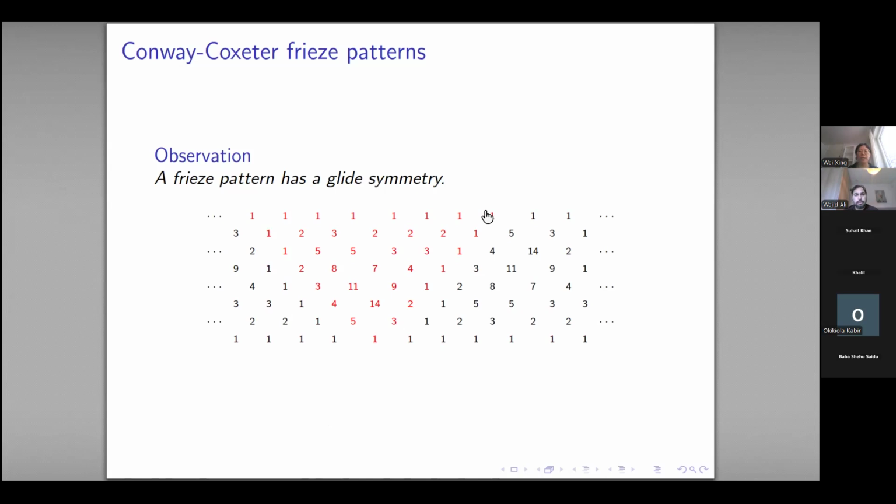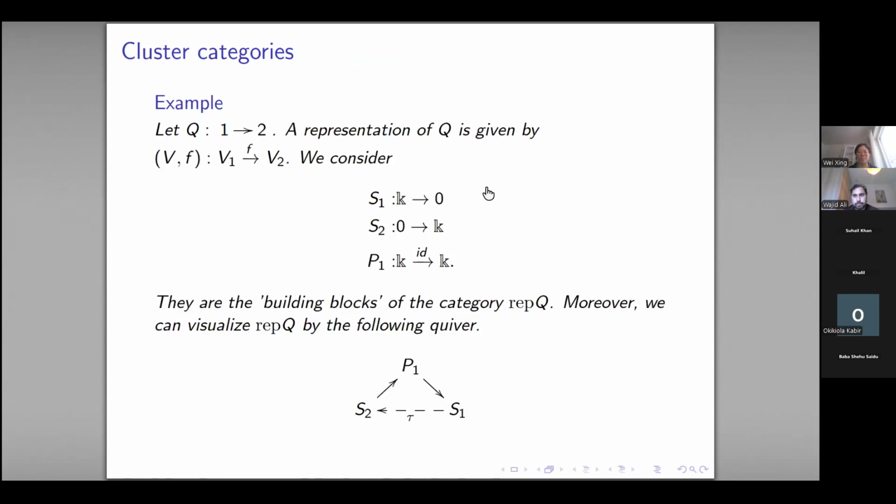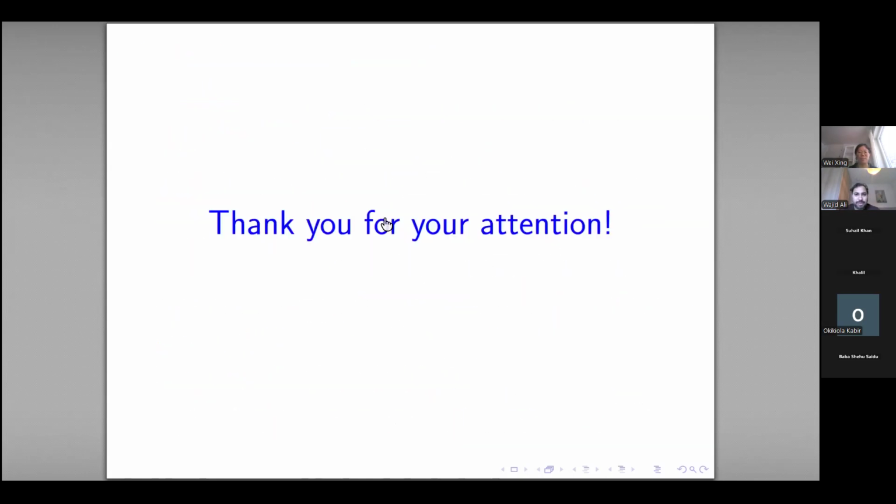And that category models the glide symmetry of the Frieze pattern. And I think that's all I want to say for today. Thank you.